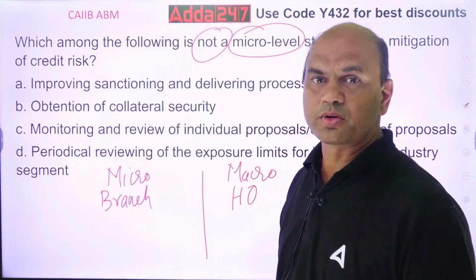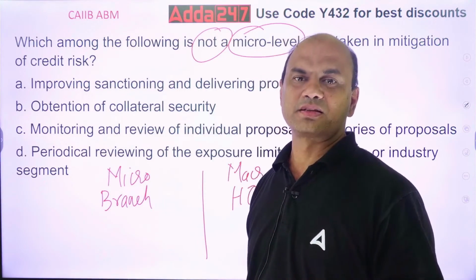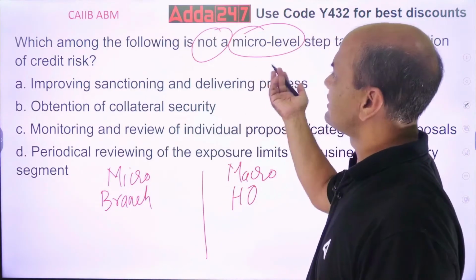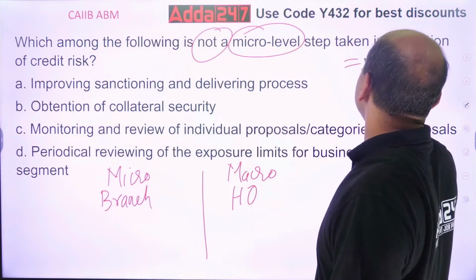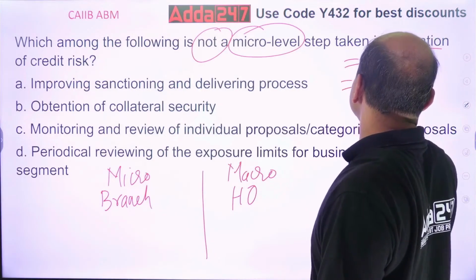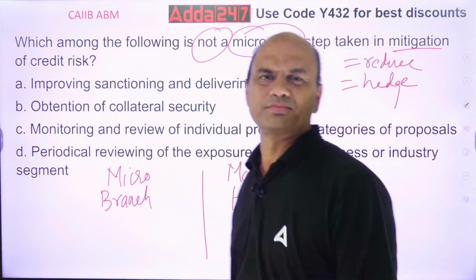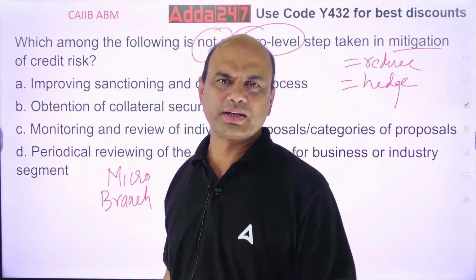At branch level, what do you do to mitigate the risk? Mitigate means reduce. See, there are 2-3 words. Mitigation equals to reduce. Reduction equals to hedge. Hedging. All are one and the same. Either hedging the risk, mitigation of risk, reducing the risk, one and the same.